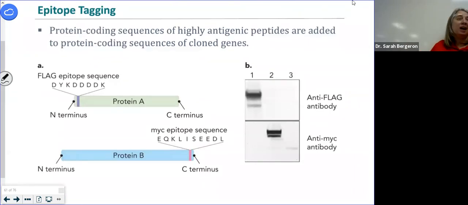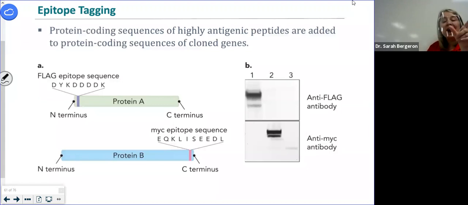But sometimes you don't have an antibody to your target. Like, what if you don't know really what it is yet? You don't know what epitope is going to be exposed. You just don't have it. What you can do is you can actually insert your gene of interest with an extra tag in it.